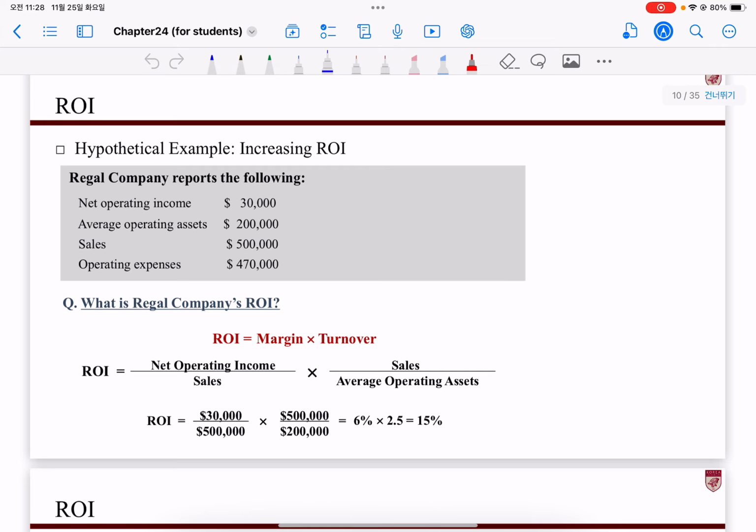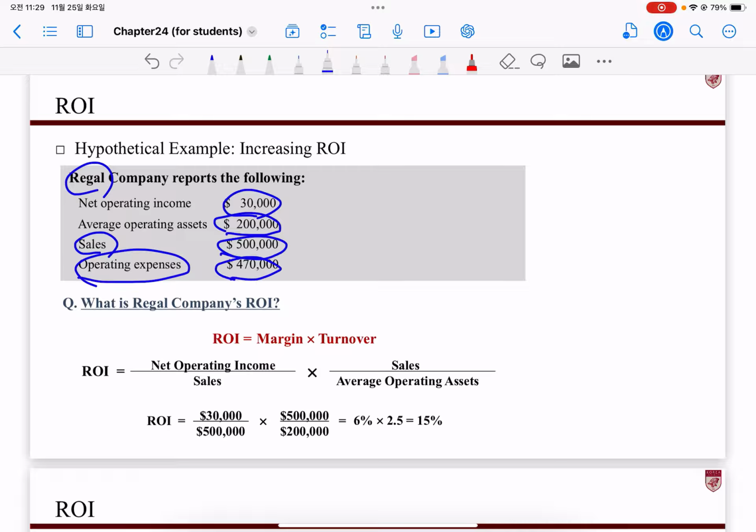Let's look at a hypothetical company called Regal. This is a company with a net operating income of $30,000, average operating assets of $200,000, sales of $500,000, and operating expenses of $470,000. In this case, the ROI of Regal is the net operating income of $30,000 divided by the average operating assets of $200,000, which is 15%.